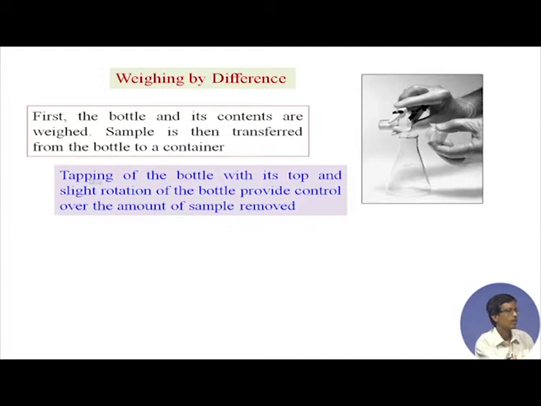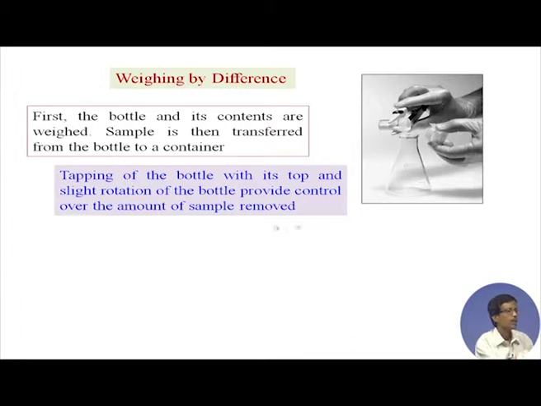We have some terminology which is associated with this technique. We find that tapping of the bottle with its top and slight rotation of the bottle is how you control the transfer of the solid powder matter, if it is potassium dichromate or oxalic acid or sodium oxalate.